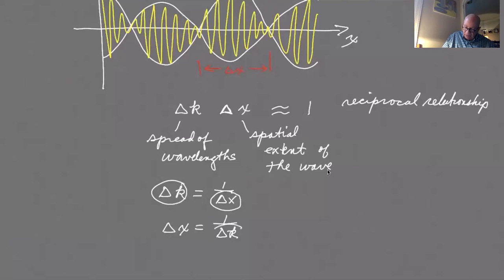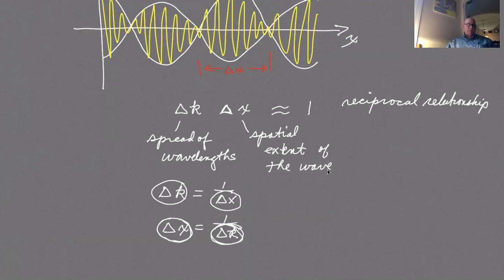So as delta k gets larger, delta x gets smaller. The greater the number of wave components to the composite wave, the smaller we can make the spatial extent of that wave.